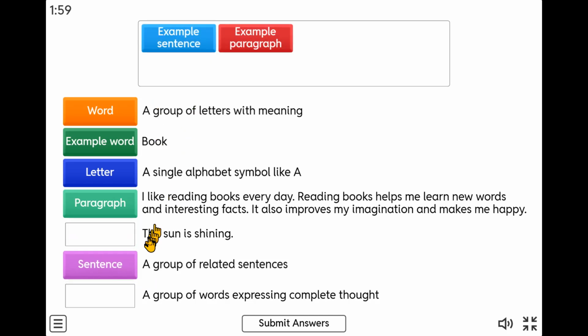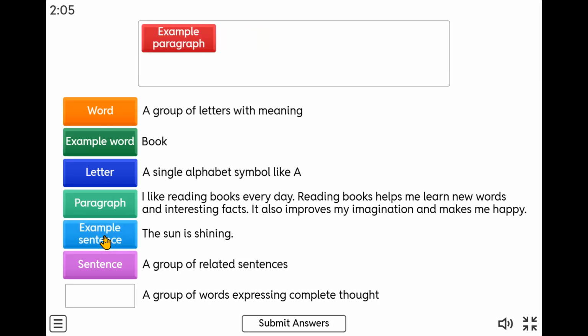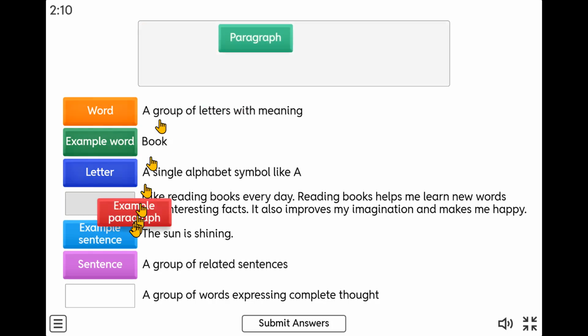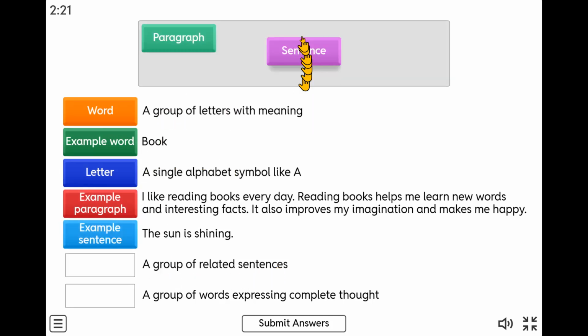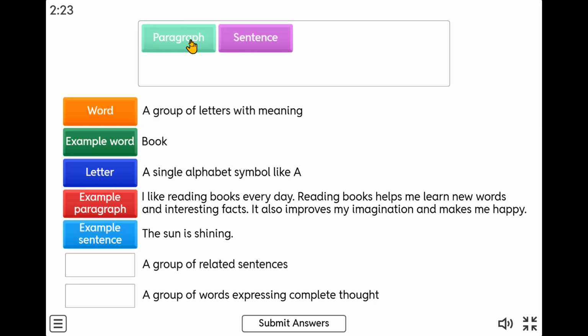I think this is an example of a sentence. ఇది ఒక paragraph కి example. Okay. Then we have a group of related sentences ని మనం ఏమంటాము? Group of related sentences ని మనం ఒక paragraph అంటాం. A group of related sentences is called a paragraph.